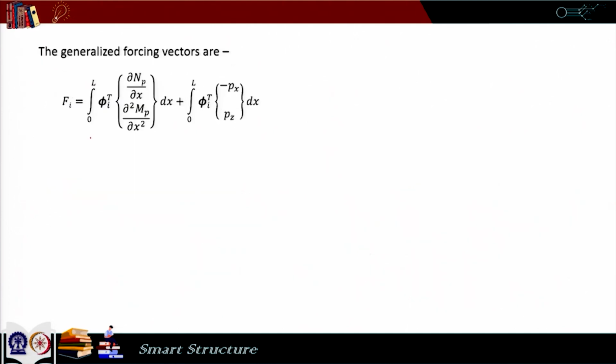Similarly, when I find phi i, this becomes the expression. So, phi i is multiplied with del n p by del x and del 2 m p by del x 2, and then we have phi i transpose. So, here also we have phi i transpose, and here also we have phi i transpose, multiplied with minus p x p z vector.